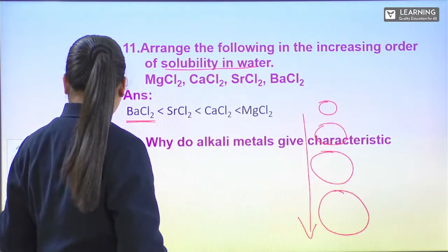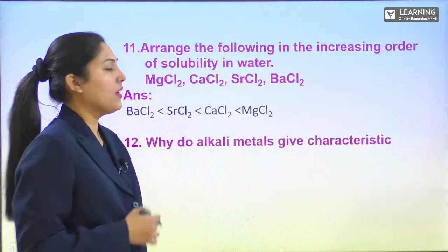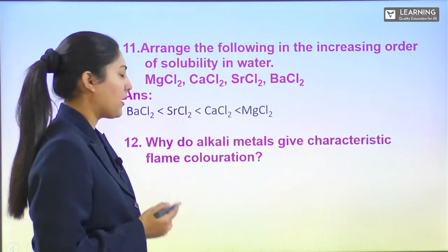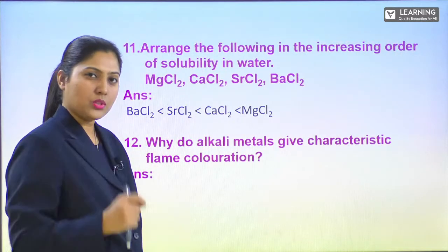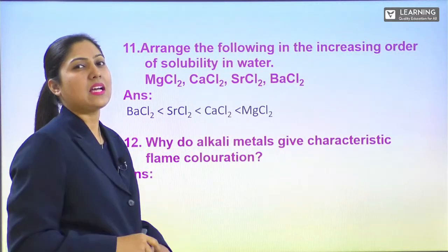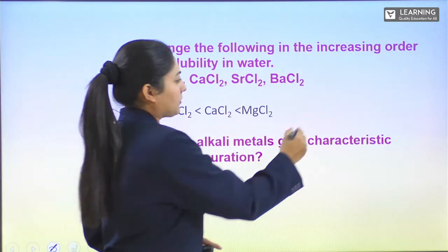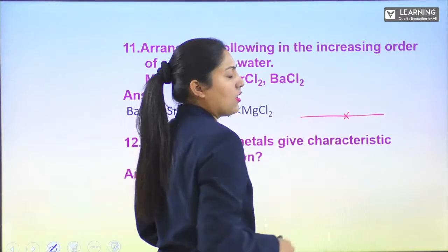Why do alkali metals give characteristic flame coloration? As we know, we have the electron in the outermost shell.